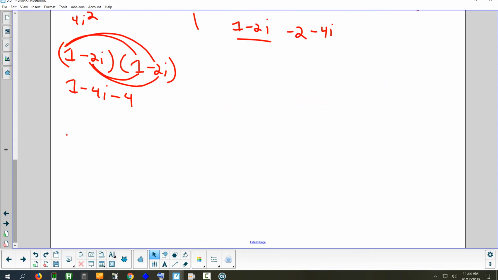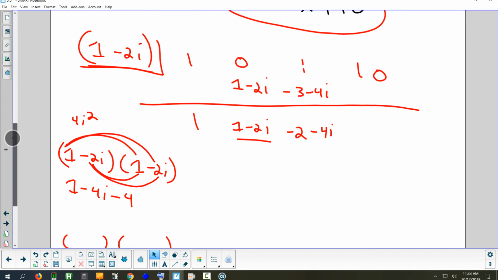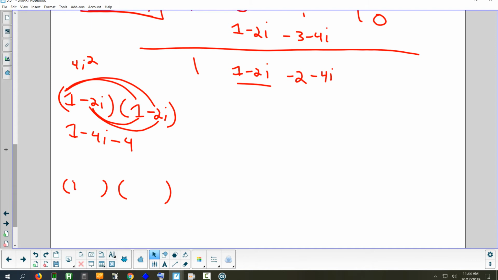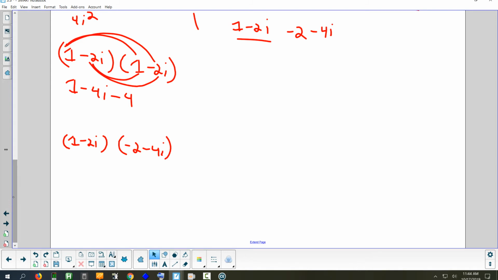Okay, now what two things am I multiplying together? Let's see what happens. How about, Brendan, what's 1 times negative 2? Negative 2. And Eric, 1 times negative 4i? Let's do it negative 4i.